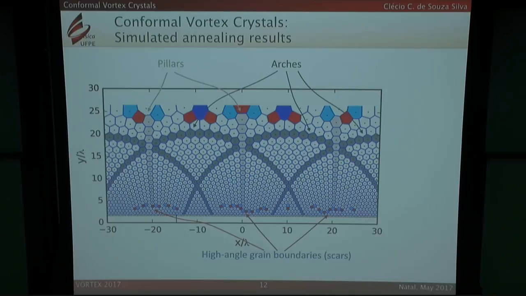And these so-called scars are responsible for accommodating this structure and a kind of depletion zone. The vortices below these scars distribute in an Abrikosov lattice, the conventional uniform triangular lattice.